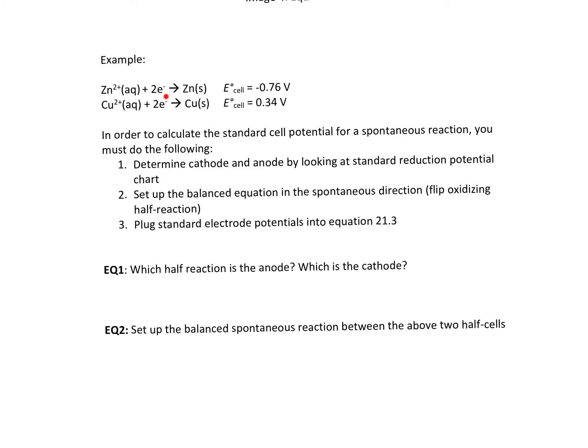So the zinc half reaction, of course, written in the reducing direction, is zinc 2+ plus 2 electrons gives you zinc solid. The half cell potential for that reaction is negative 0.76. That negative just tells you that it's less likely to be reduced. So zinc doesn't really like to grab these electrons.